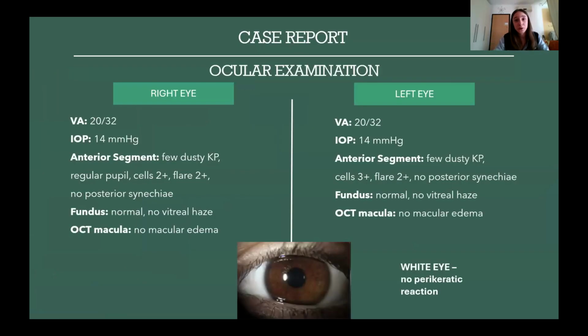Here we have the ocular examination. The best corrected visual acuity was 20/32, and she presented with few dusty keratic precipitates, regular pupil without posterior synechia, and 2+ cells and flare. Fundoscopy examination and macular OCT were normal.